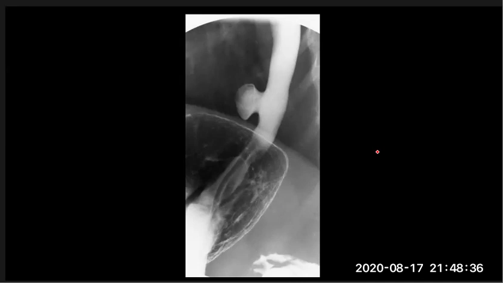And this is the location. The Zenker diverticulum is higher than the Killian-Jamieson diverticulum.